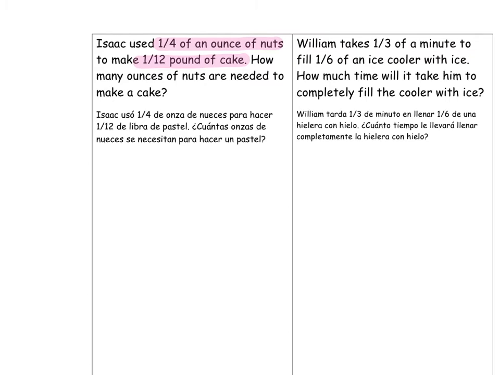So we're going to start with 1/4, and we're going to put ounces, which is abbreviated OZ, of nuts. And then here's what looks weird, but it means the same thing. That's my ratio bar, and we're going to use it like division. And we're going to take 1/12 of a pound, abbreviated LB, of cake.